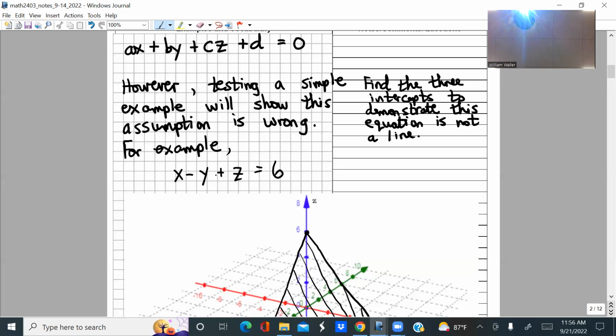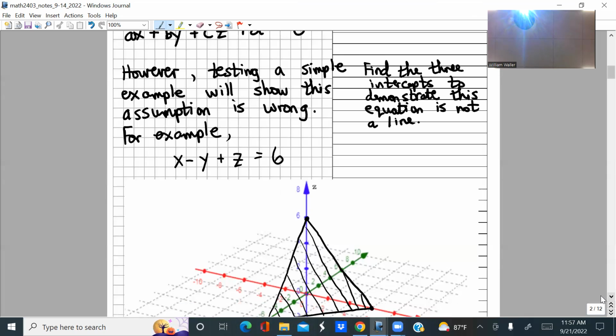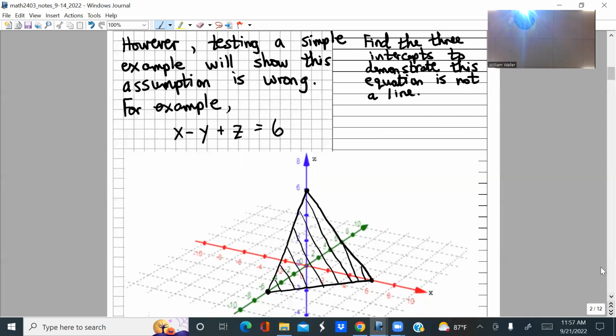If you look at a specific example, this has 3 unknowns in it, x, y, and z, and it's first degree because x, y, and z are all raised to the first power. If you start making the graphs of solutions to that equation, you quickly discover you don't have a straight line.